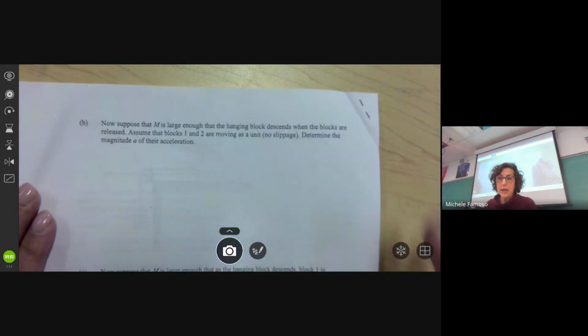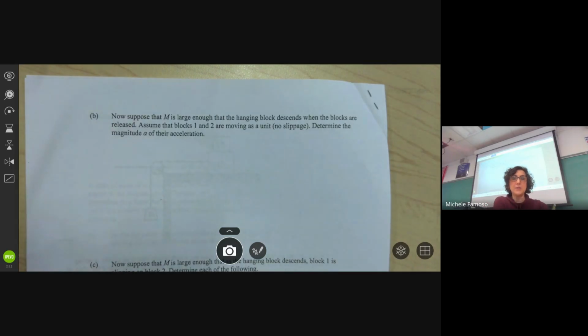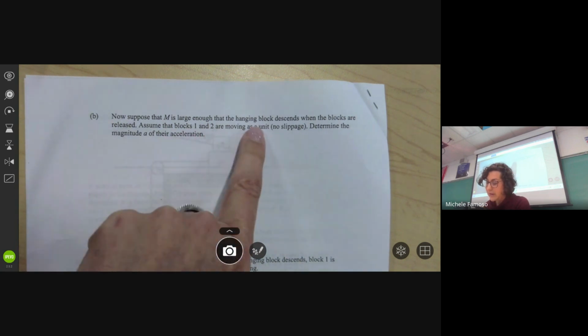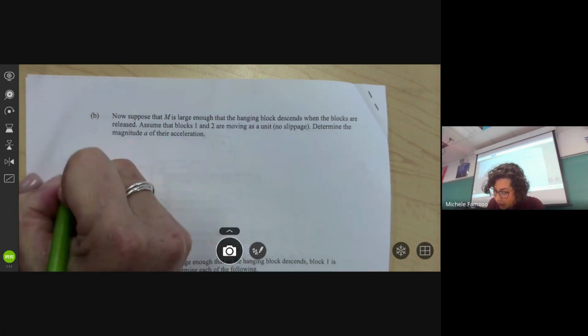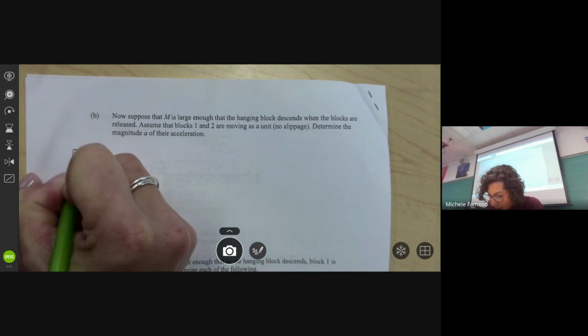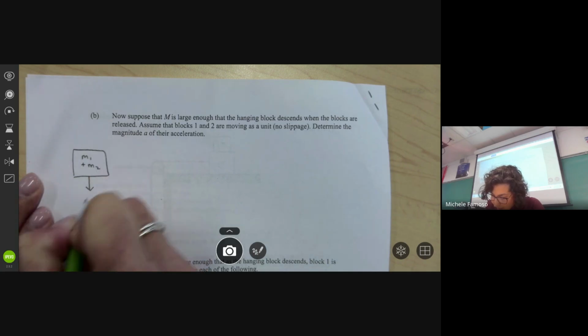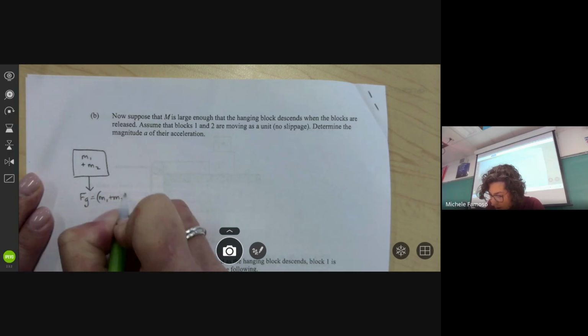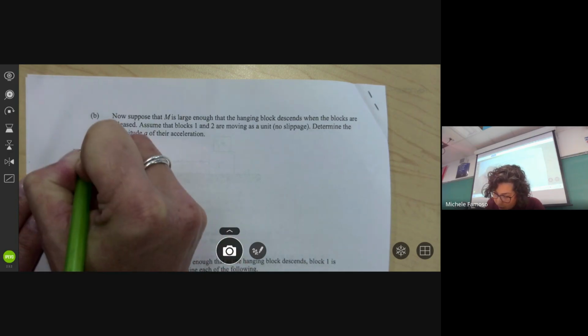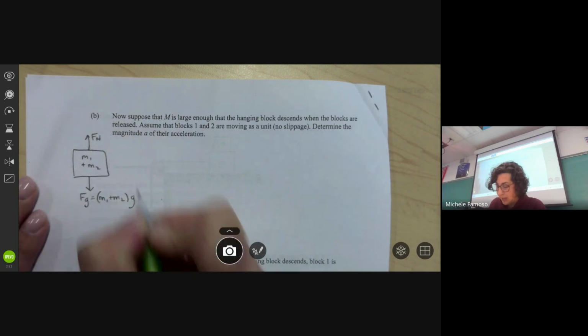In part B, now suppose that mass M is large enough that the hanging block descends when the blocks are released, but blocks 1 and 2 are moving as a unit without slipping. Find the magnitude of their acceleration. So block 1 and 2, again, are stuck together, which means that their weight pulling them down is M1 plus M2 G. The normal force acting up is the same.